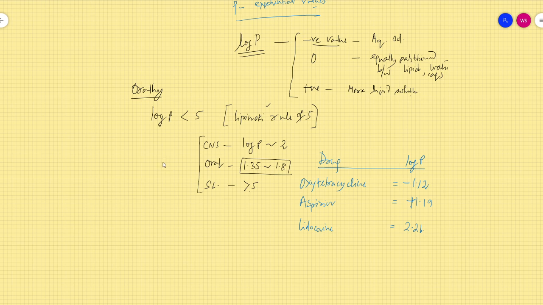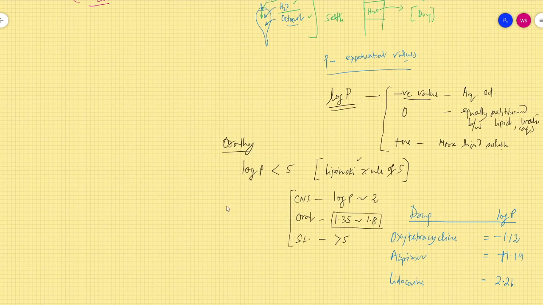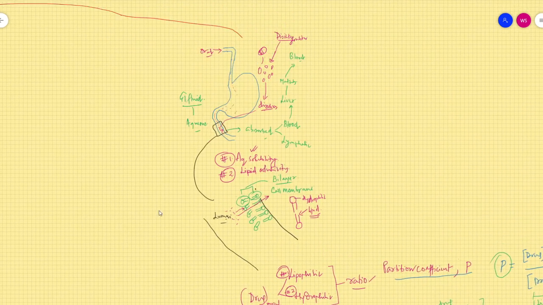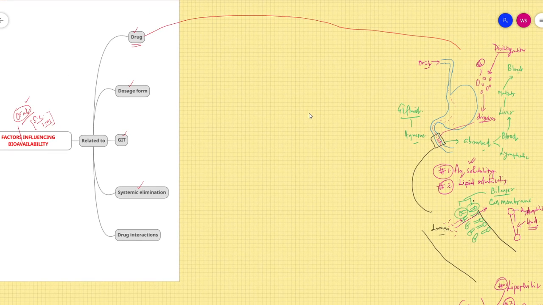Okay, so that is the importance of log P and the relation between log P and bioavailability. Okay, oral bioavailability. So to reiterate, a drug should ideally have a log P value between 1.35 and 1.8 for it to be orally bioavailable. Okay, so that is one of the most important factors of the drug which influences its bioavailability. Okay, so what is the first factor that we considered?